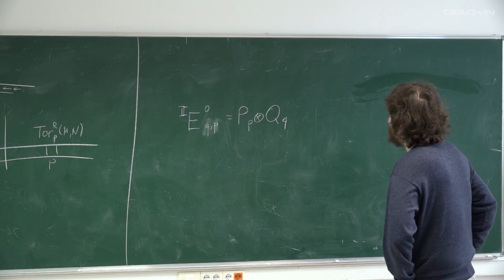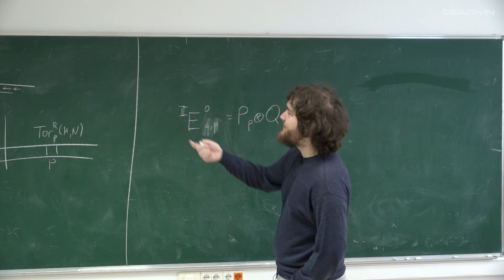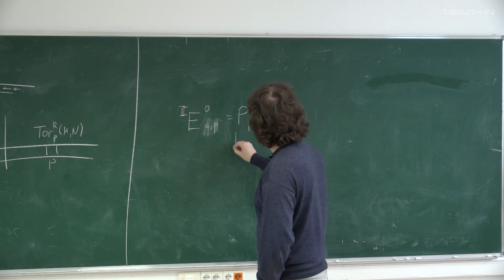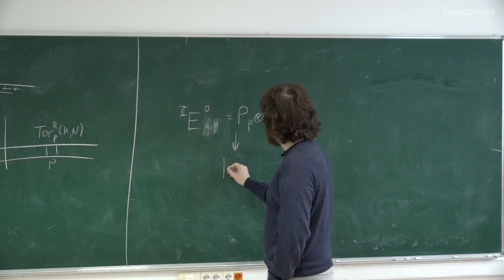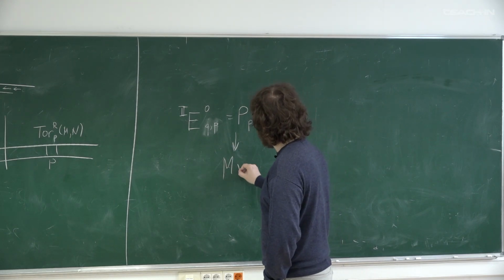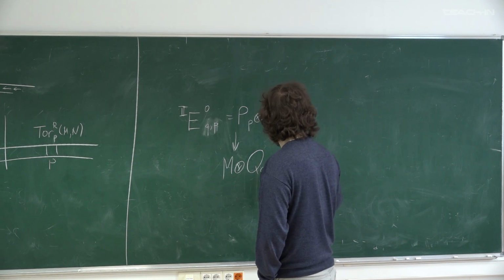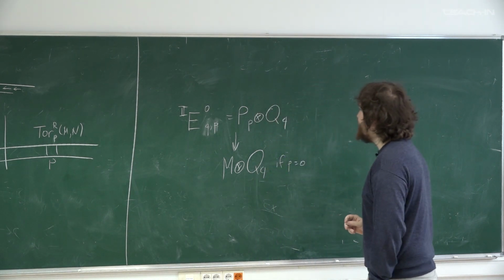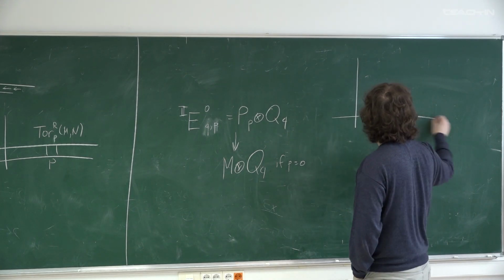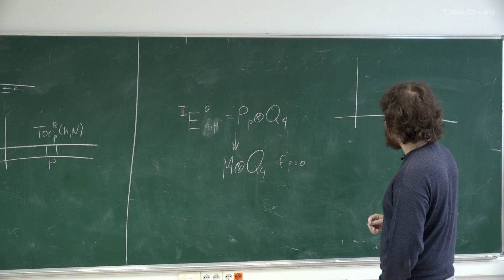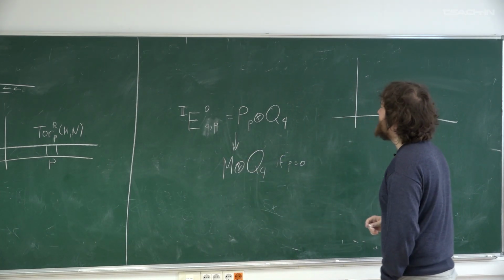Let's remind this. Homology. What is the homology? The same thing. But now, homology is m tensor q if p is 0, and now p is the number of columns.